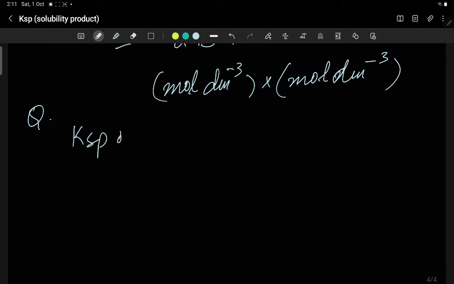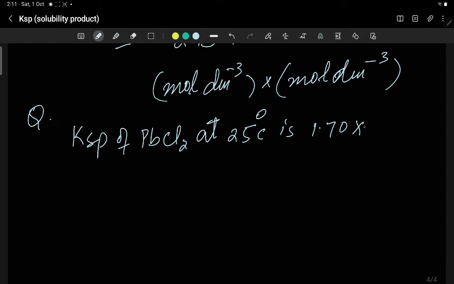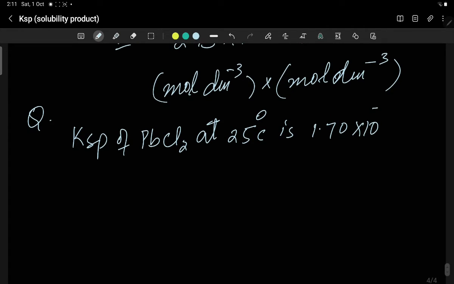Ksp of PbCl2 at 25 degrees centigrade is 1.70 × 10^-5 mole cube dm inverse 9.